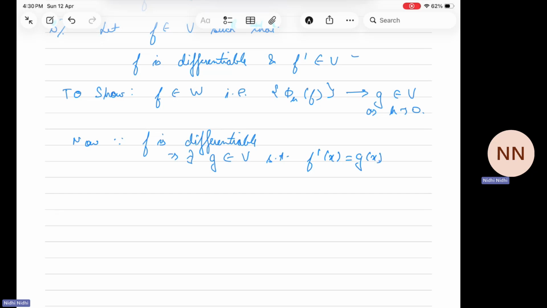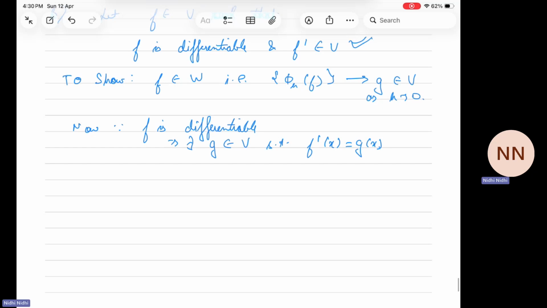We were already given that the derivative is in V, therefore this g is in V. That means limit h tending to 0, f x plus h minus f x upon h, is equal to g x for every x in R.